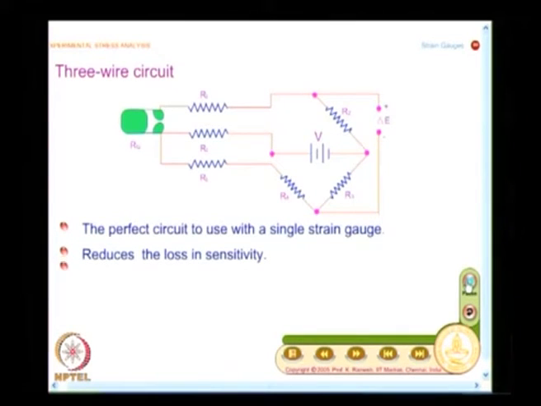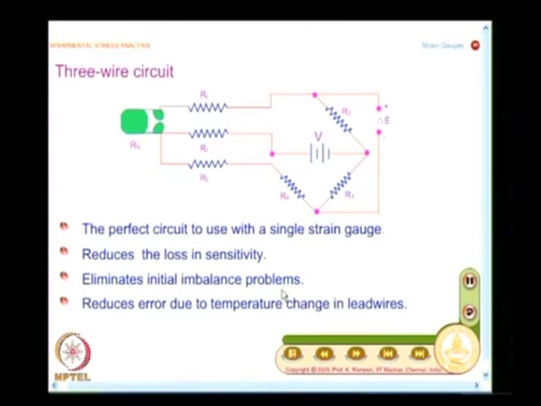And what are the other features? It eliminates initial imbalance problems. You have to intelligently look at, I have adjacent arms, the adjacent arms cancel each other.